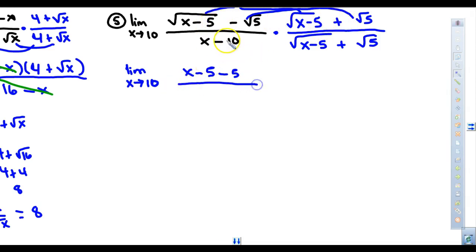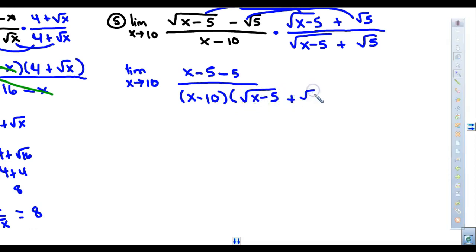Okay? Now, on the bottom, these are not conjugates. Do not multiply them out. The only thing you're going to multiply out are conjugates. If they're not conjugates, don't multiply them out. Leave them in factored form because, like I said, you're looking for something to cancel. It would be so crazy to multiply all this stuff out and then try to factor it again.